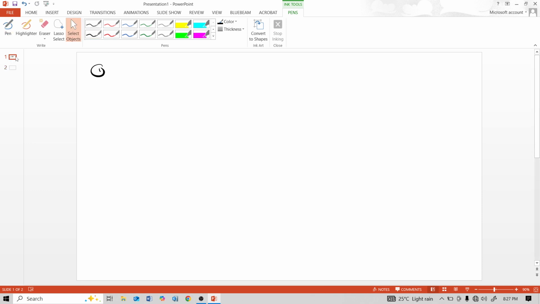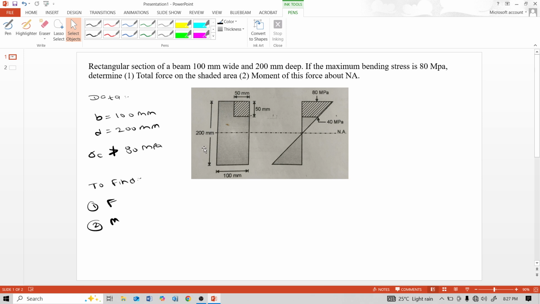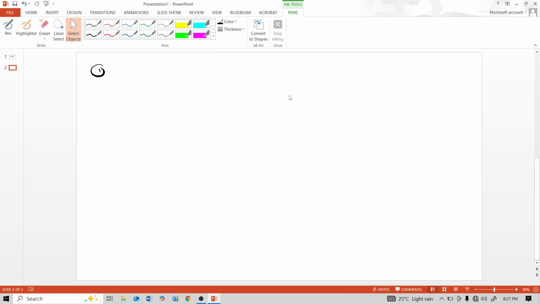So first, to find the total force on this shaded area, we use the formula stress is equal to load upon area. So the total force on the shaded area is equal to average stress times area.